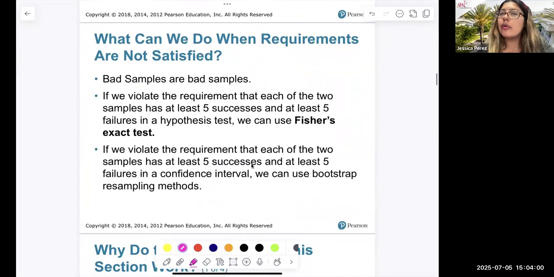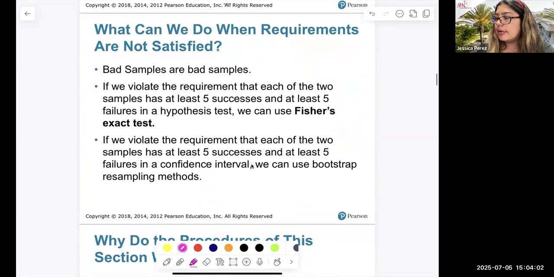So what do we do when the requirements are not satisfied? Either you have bad samples, and then you also have the requirement that each of the two samples have at least 5 successes and at least 5 failures. Then we use another test called Fisher's exact test. We don't use that in this class, but that's another alternative.